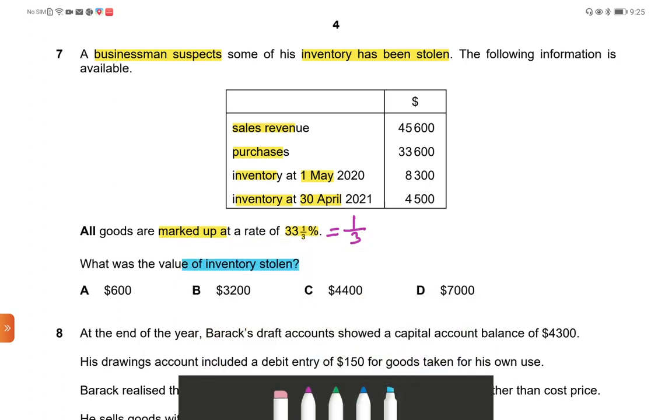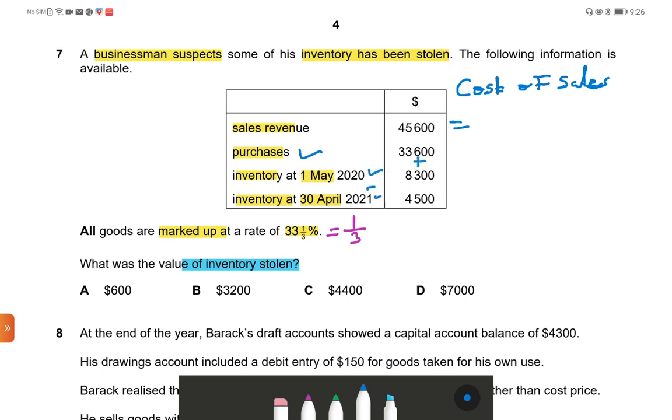First we have to get the present cost of sales. Cost of sales is equal to purchase plus opening inventory minus closing inventory.